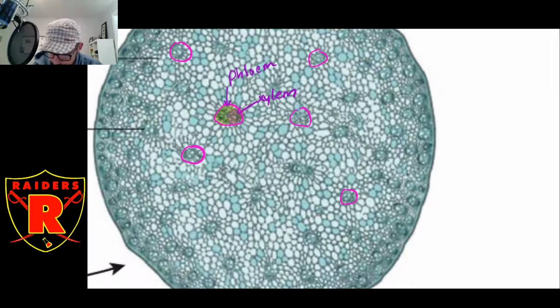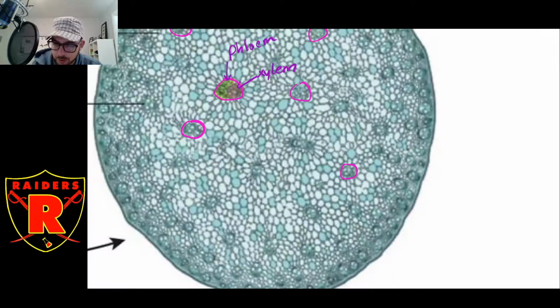Whereas the phloem are towards the outside. If you look at any of these vascular bundles, the arrangement is the same. You can see it over there as well.